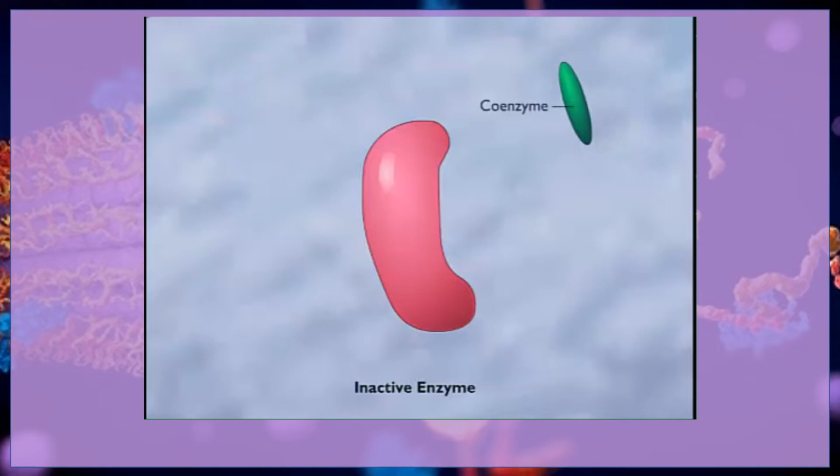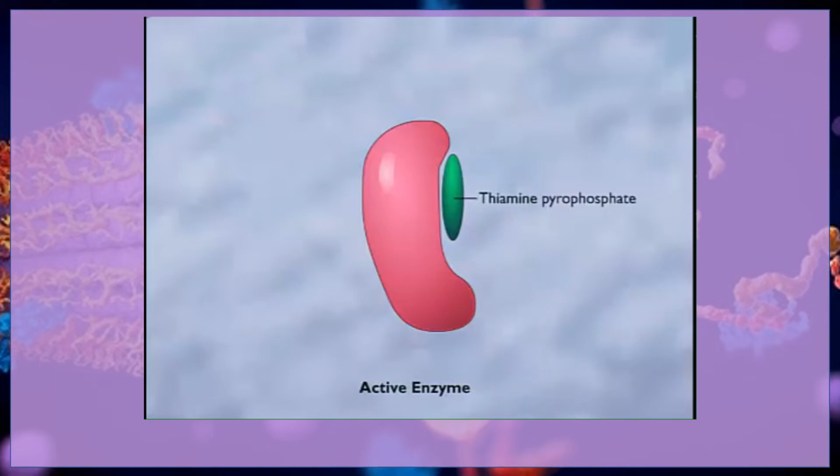Combining with the coenzyme helps the inactive enzyme achieve the appropriate three-dimensional configuration. For this reaction, thiamine must be present as the coenzyme. The green coenzyme molecule above is thiamine pyrophosphate, the cofactor needed to permit the enzyme and the substrate, pyruvate, to combine in the correct orientation to catalyze the reaction.